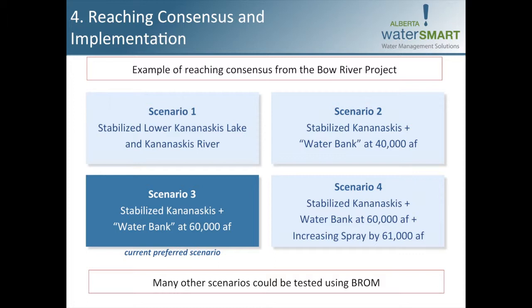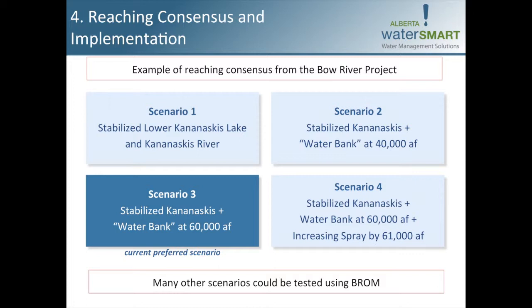And then the concept of a water bank was brought into a couple of the scenarios. Essentially a water bank is using the existing on-stream storage that TransAlta currently has, and the stakeholders being able to rent a bucket, a portion of all of that upstream storage. TransAlta could pull it however they wanted to, but when stakeholders called for it, TransAlta would release it, rather than releasing it when they wanted to for hydropower.